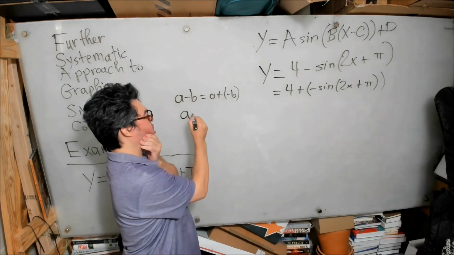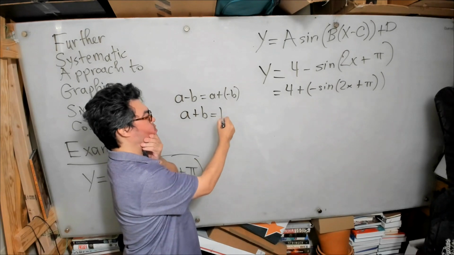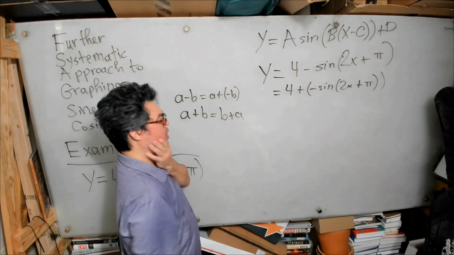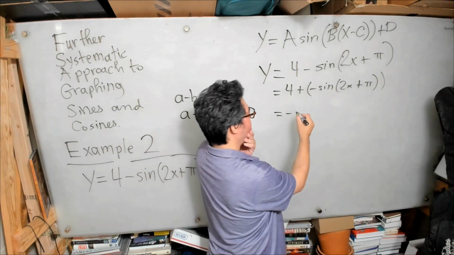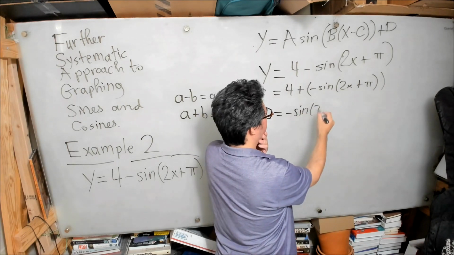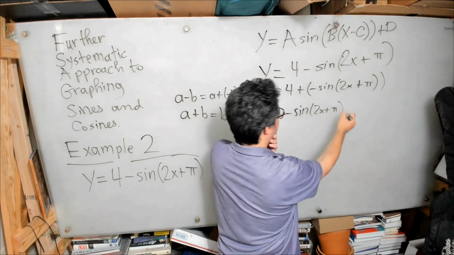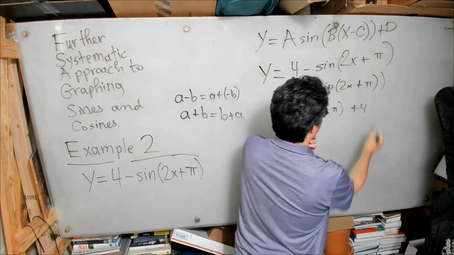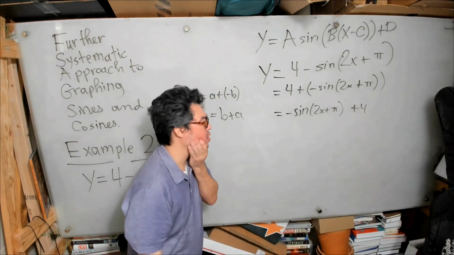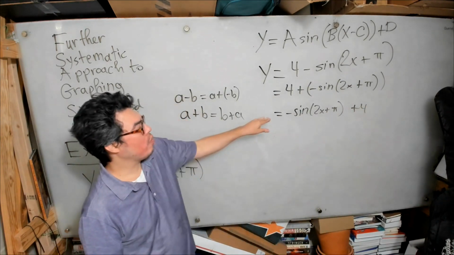If we have a plus b, that's the same thing as b plus a, right? So here I can write this as negative sine of 2x plus pi, plus the 4. We're in a much better place now, right?